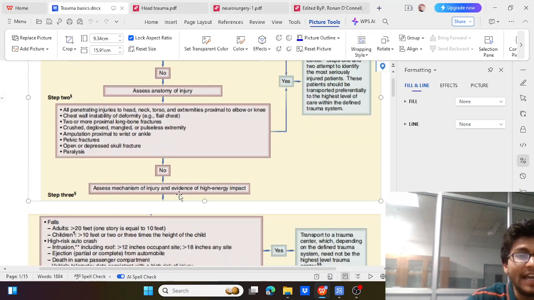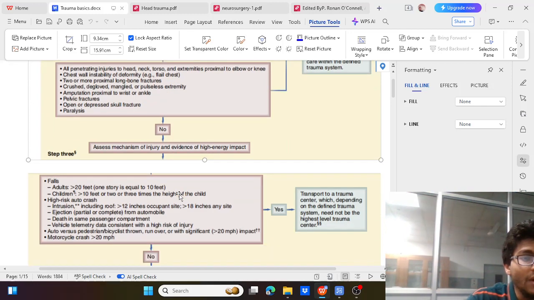Then we'll assess the mechanism of injury. So how the patient was injured, whether there was a fall.